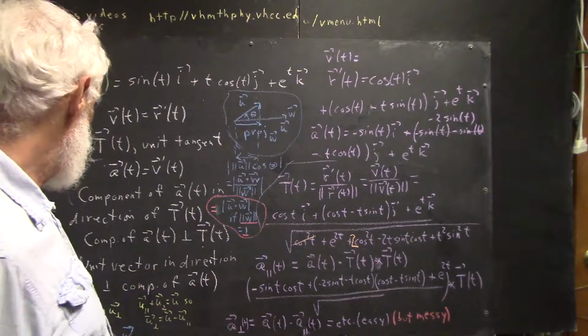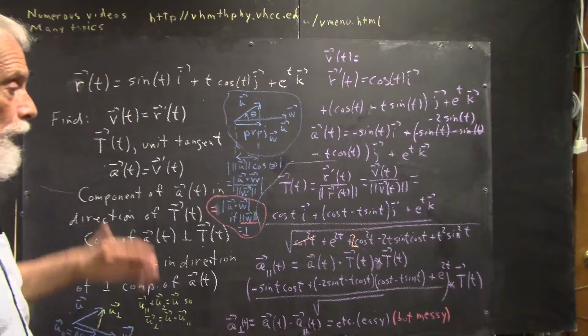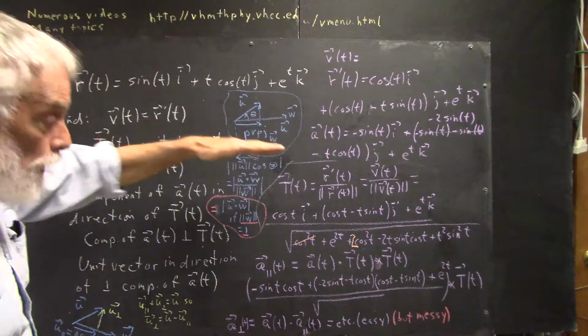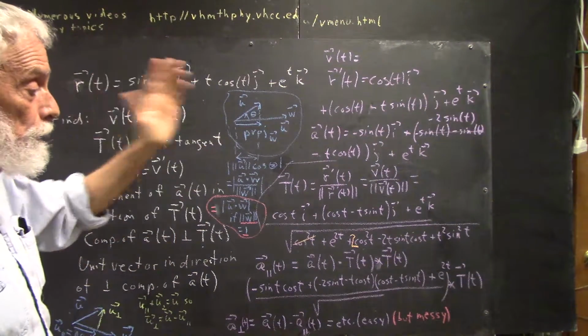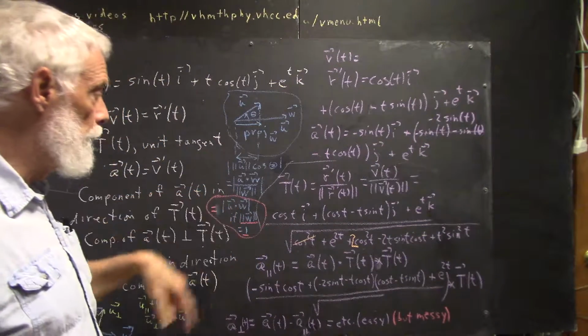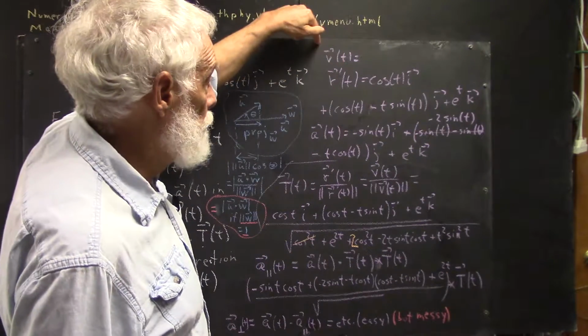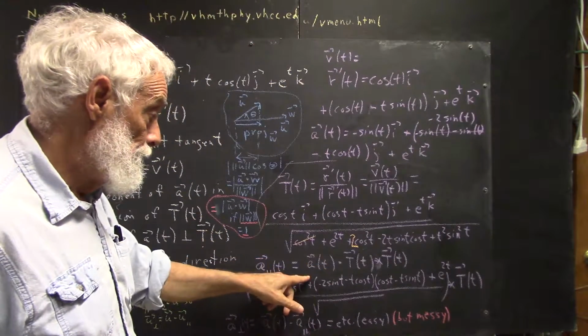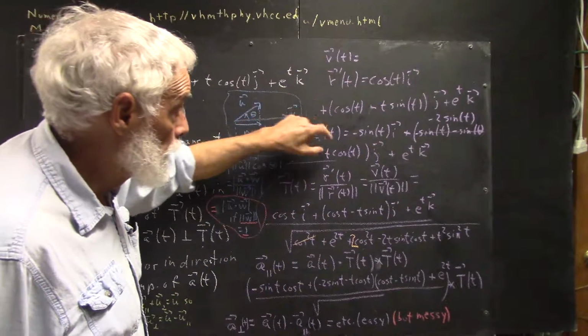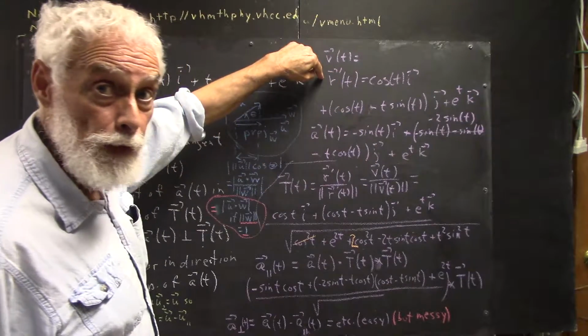A parallel is just the projection of the acceleration vector on the velocity vector. Okay, and we could project it on the velocity vector. We could take this r prime of t or v of t vector. We could project the a of t vector onto this vector.